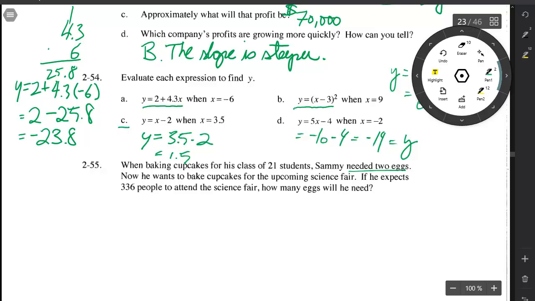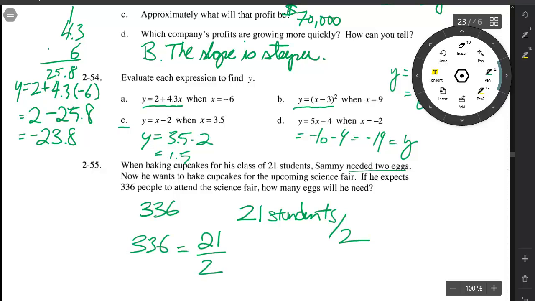So for 336, if it's 21 students per 2 eggs, you could set up a proportion, right? We have 336, it's equal to the same number as 21 over 2, but we don't know what this amount is.